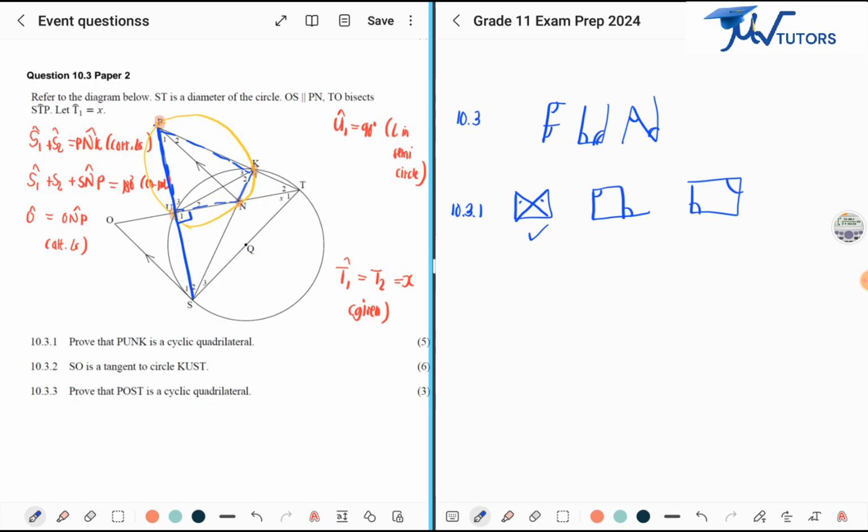Okay, so I will have to prove that K2 and K3 are actually equal to 90 degrees. That's one option. So I need to just look at that closely again and see, can I show that that's 90 degrees? So I can use this exterior angle. And then opposite interior angles are supplementary. Oh, that might be a difficult one to prove as well. Okay, so let's see. Okay, guys, I'm seeing something else.